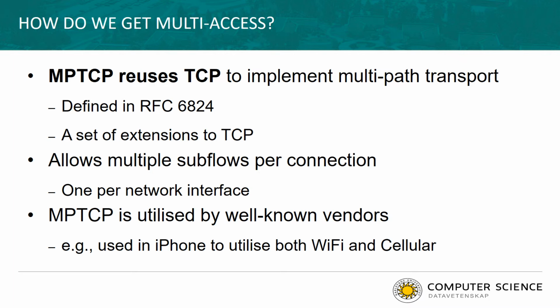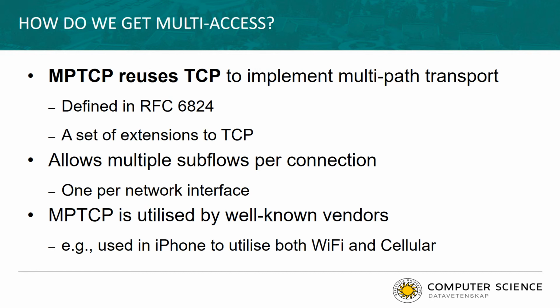And MPTCP provides a set of extensions to TCP that allows it to communicate over multiple paths. You can see it as adding a meta layer on top of several underlying TCP connections. So it allows multiple subflows, or using multiple TCP connections for one MPTCP connection.